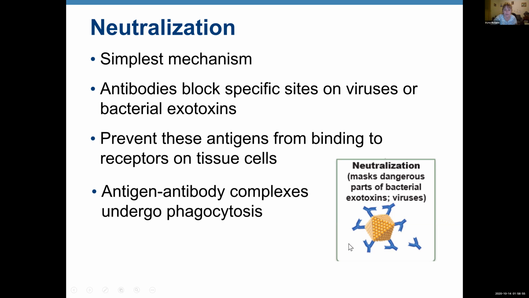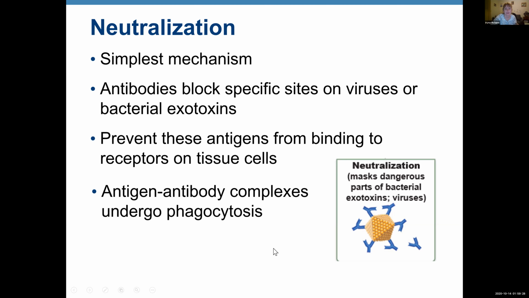For this virus to enter your cells, it has a specific receptor, right? It needs to bind to the receptors of your cells and move inside. So now if you have this neutralization, if you have these antibodies bound, then it would be difficult for this virus to penetrate your cells, and it would be easier for macrophages to eat it, right, to destroy it. So the antigen-antibody complex undergoes phagocytosis.